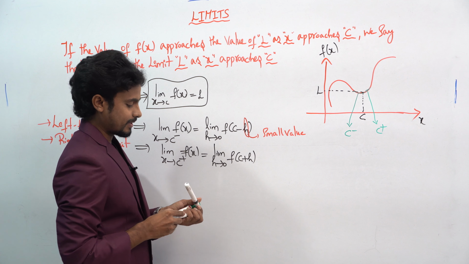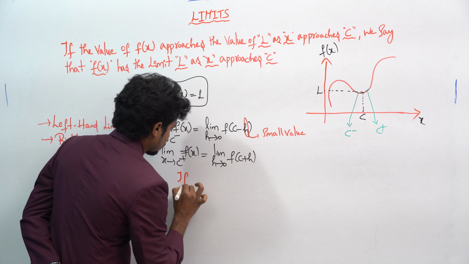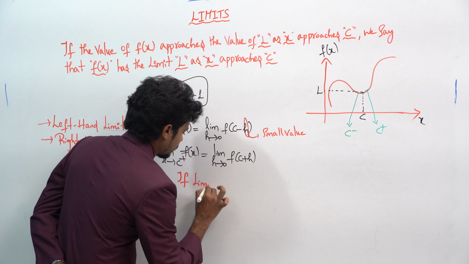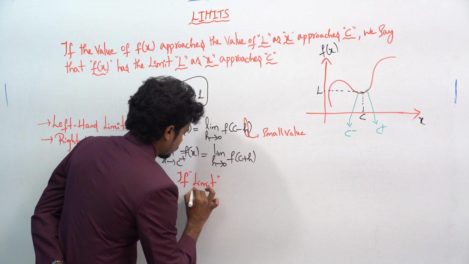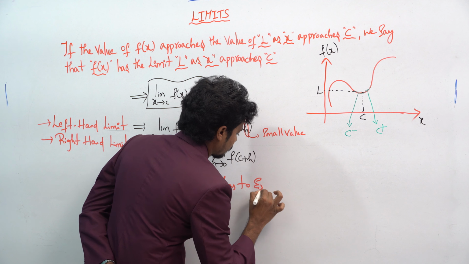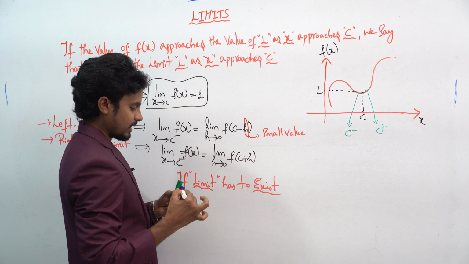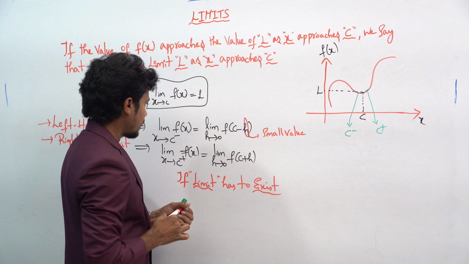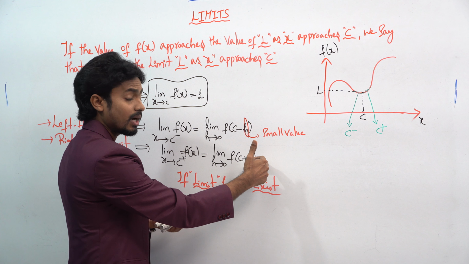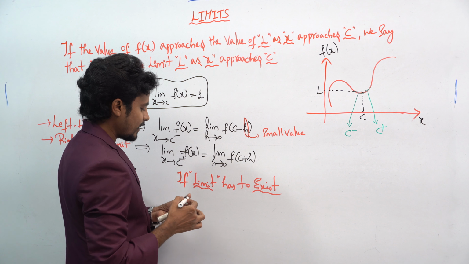If the limit has to exist, what condition or criterion has to be satisfied? The left hand limit must be equal to the right hand limit, then only our limit exists.